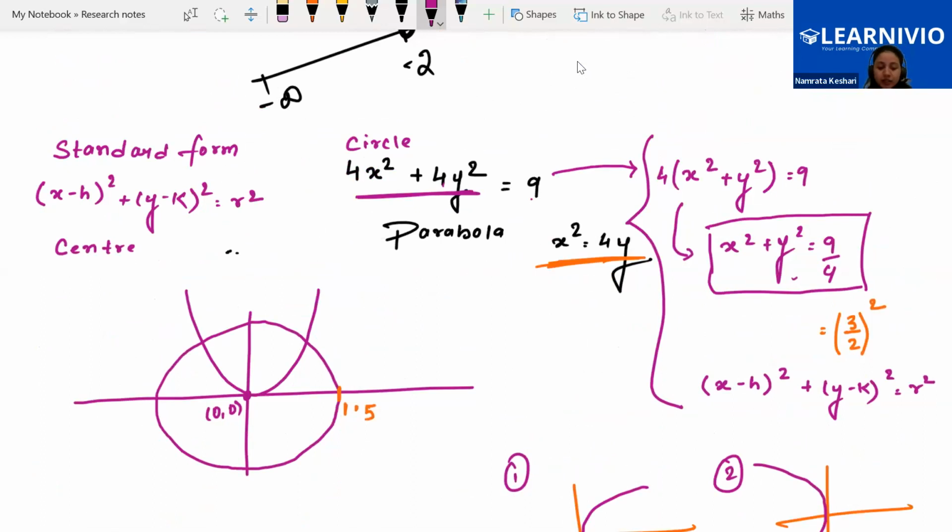Find the area of the circle which is interior of the parabola, the area of the circle which is inside this parabola. Let's find it. First of all, we need to find the point of intersection of the circle and the parabola.